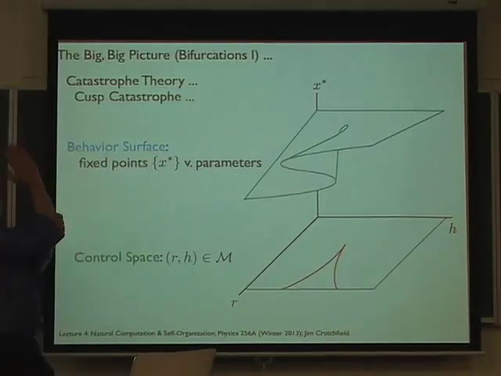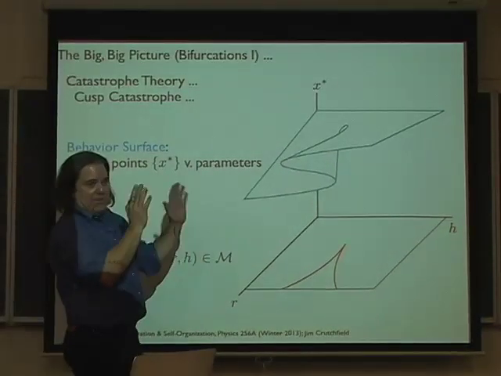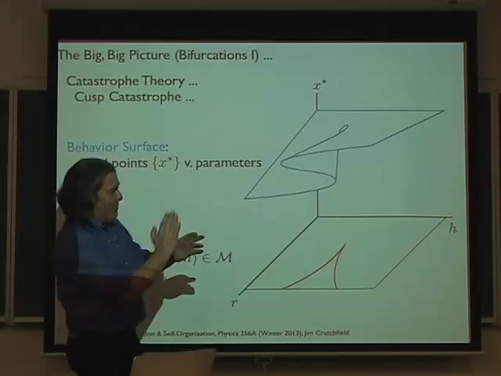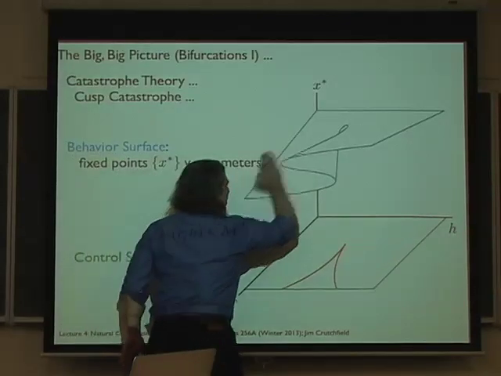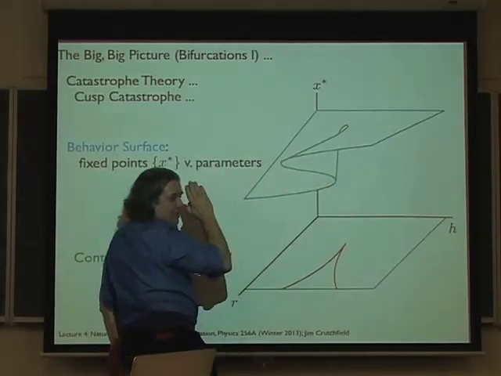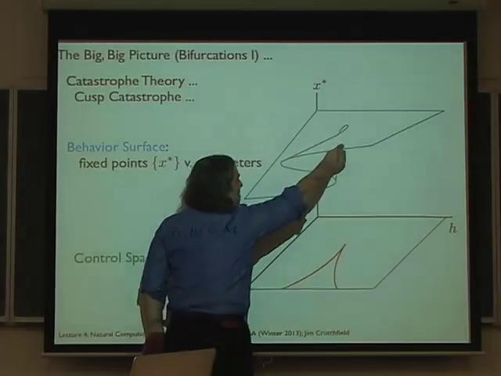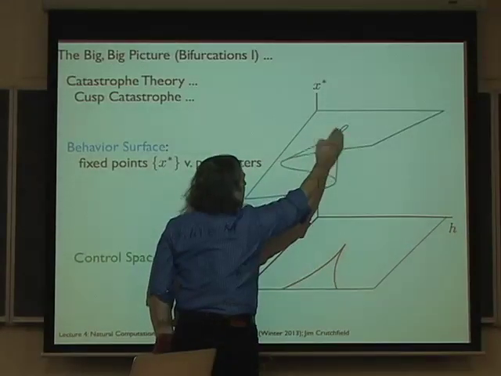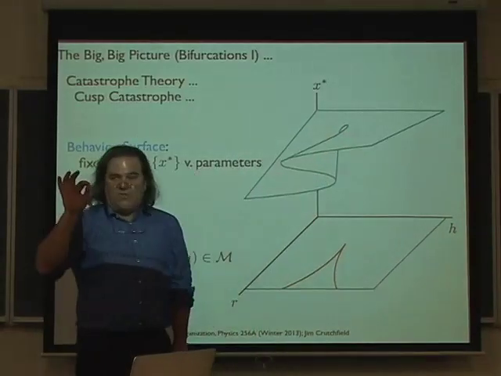Right? So if I took a vertical slice, again, I have trouble here with my artist conception, right at h equals 0, and I looked at the intersection of that vertical slice and the blue surface, which we call the behavior surface, that would be exactly the pitchfork bifurcation.